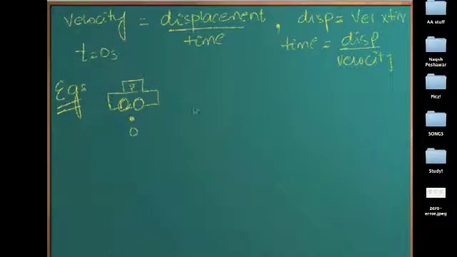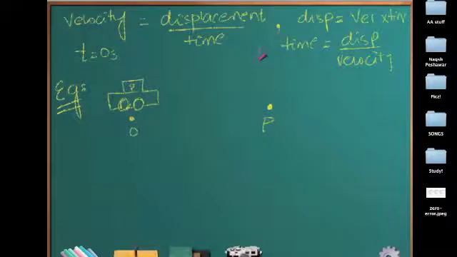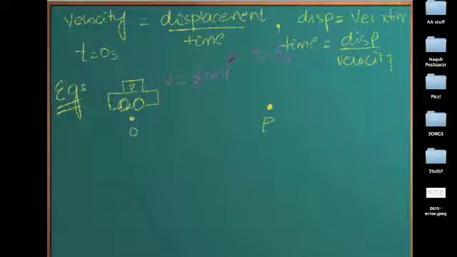So I travel this distance to the position P, which is my final point, in 5 seconds with a velocity of 20 meters per second.